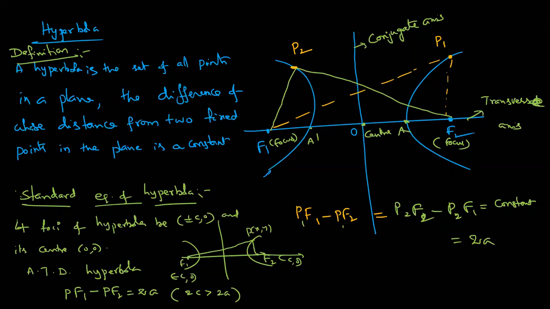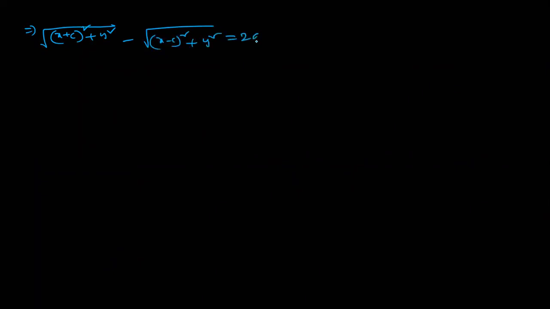Okay, next one. So, what is the answer coming? PF1, what is the case? Minus c comma 0, x comma y. So that means what? Square root of (x plus c) whole square plus y square minus square root of (x minus c) whole square plus y square is equal to 2a. So simplify: x square by a square minus y square by c square minus a square is equal to 1.